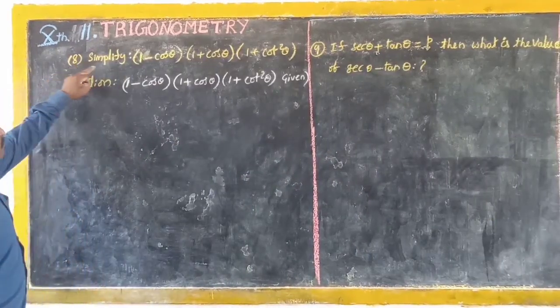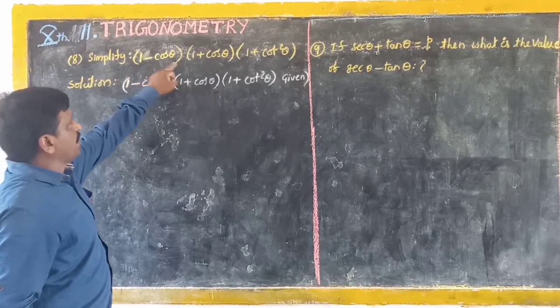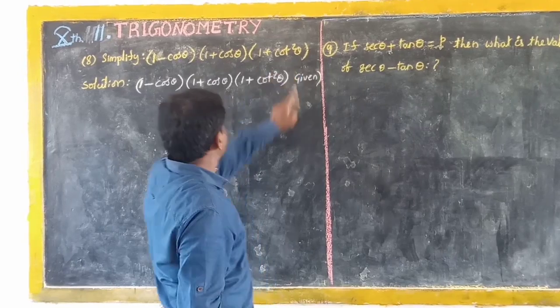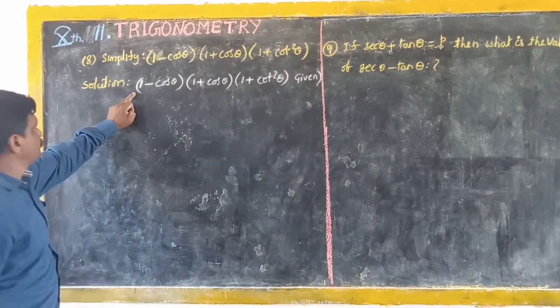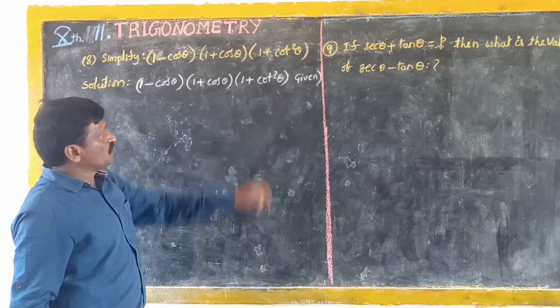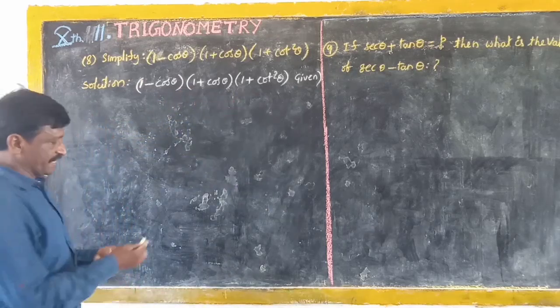Next sum: simplify (1 minus cos theta)(1 plus cos theta)(1 plus cot²theta). Solution: (1 minus cos theta)(1 plus cos theta)(1 plus cot²theta) is given.